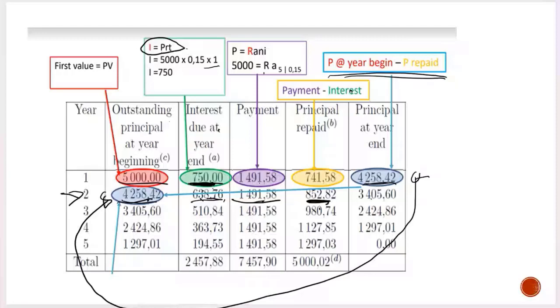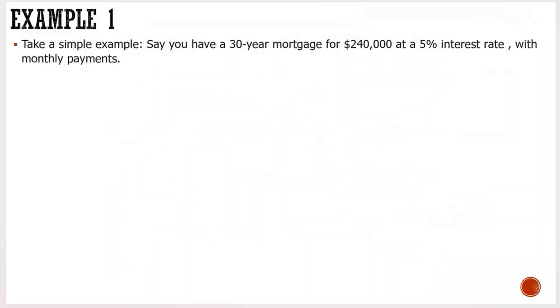So it's equal to this amount multiplied by the interest multiplied by 1, because you are working with 1. You do this until the final year, and at the end, on your last year, you would see that this is 0. This is the amortization. Let's see another example. Okay, here's another example.